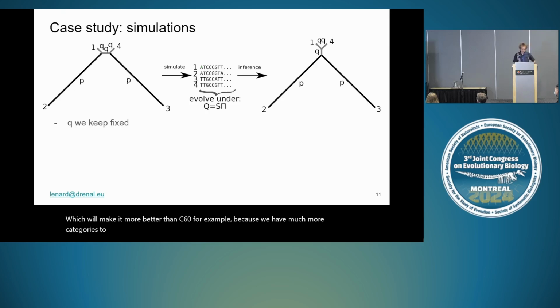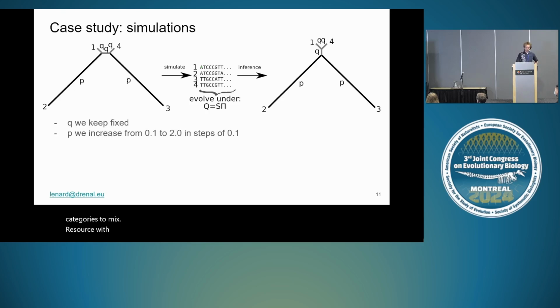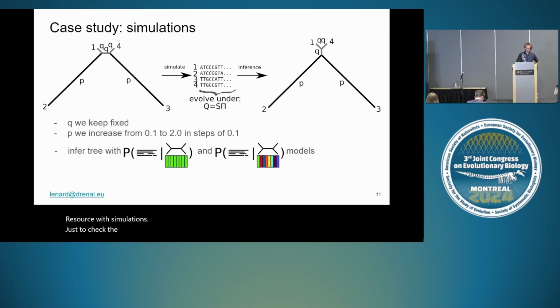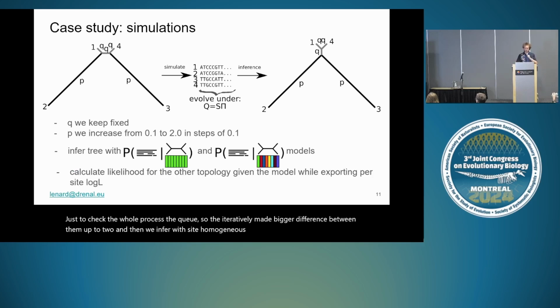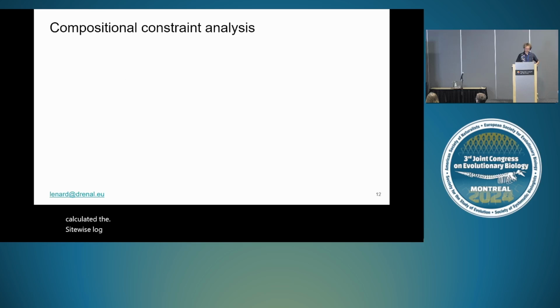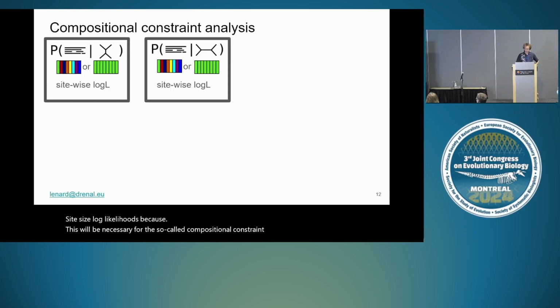We first did simulations just to check the whole process. So the branch lengths we iteratively made a bigger difference between them, up to 2, and then we inferred with site homogeneous and site heterogeneous models, and we calculated the site-wise log likelihoods, because this will be necessary for the so-called compositional constraint analysis, where you take 2 topologies.